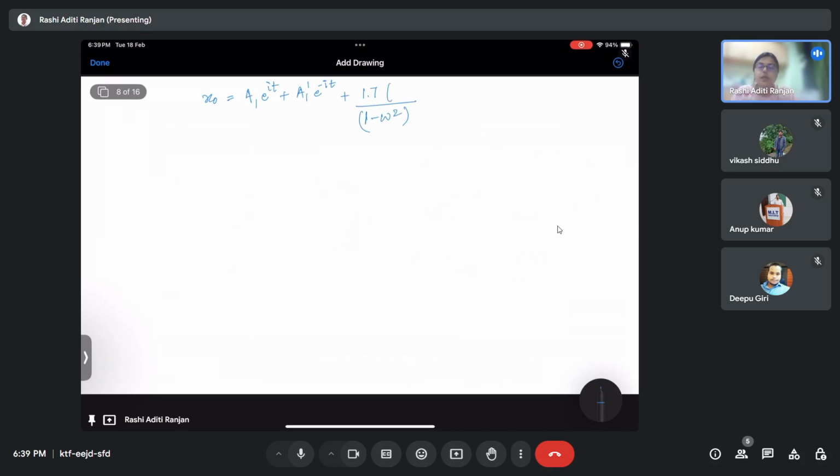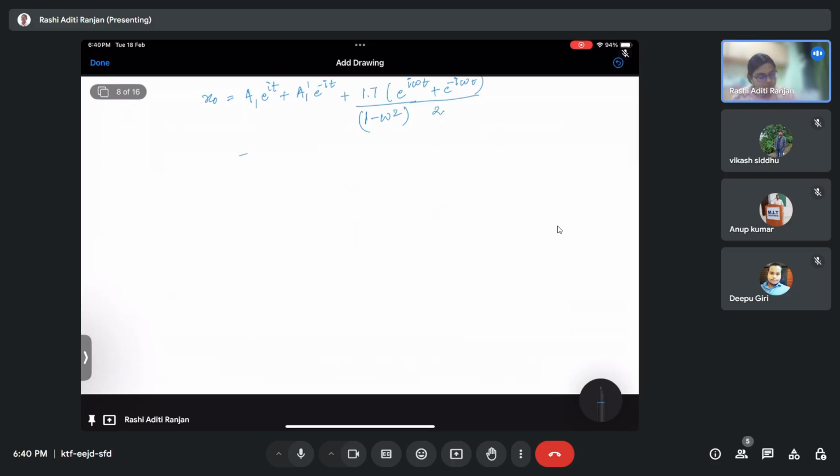So for cos of omega t, we will be using e to the power i omega t plus e to the power minus i omega t, all divided by 2, right?